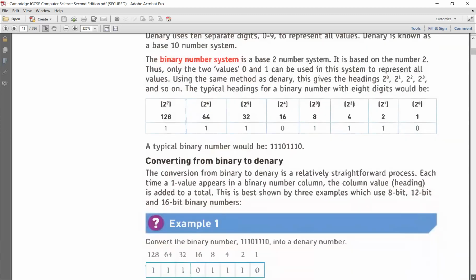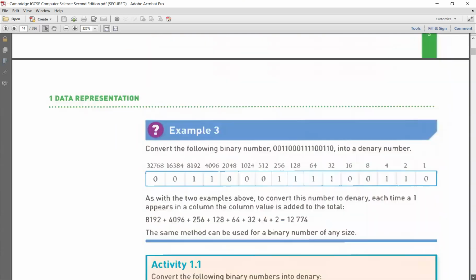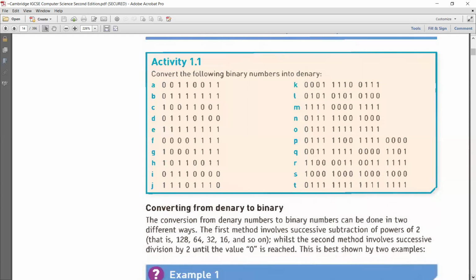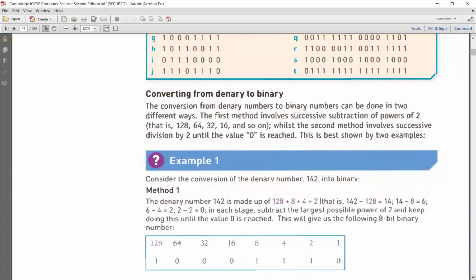Same is the situation with your denary to binary conversion. This is your byte, which has the values 1, 2, 4, 8, 16, 32, 64, 128. So if you are asked to convert a denary value to its equivalent binary value, you will simply put 1 in those values that add up to your total sum.